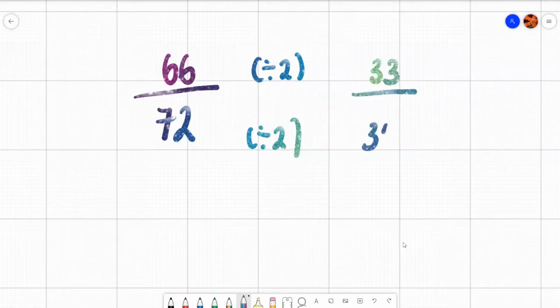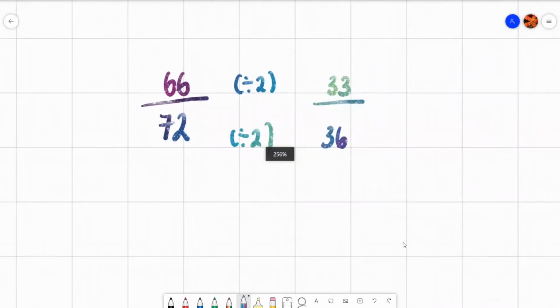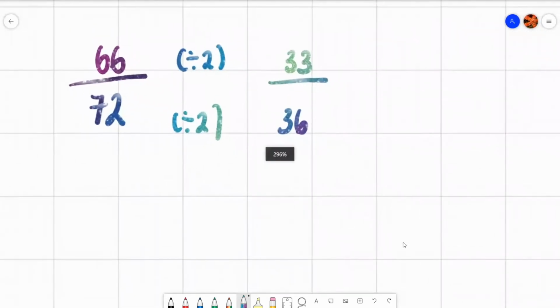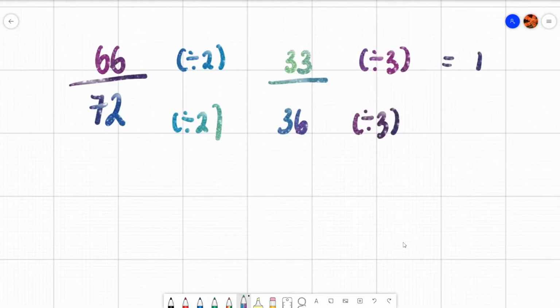And half of 72 is 36. Can I simplify this fraction any further? I can, can't I? Because 33 and 36 are both in the 3 times table. 33 divided by 3 is 11. And 36 divided by 3 is 12. Okay, 11's prime, so can't simplify that any further.